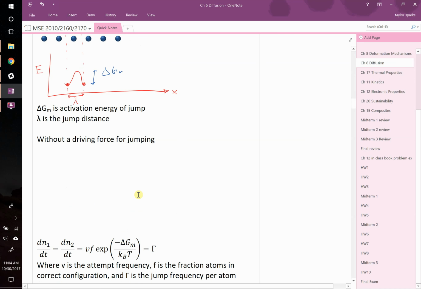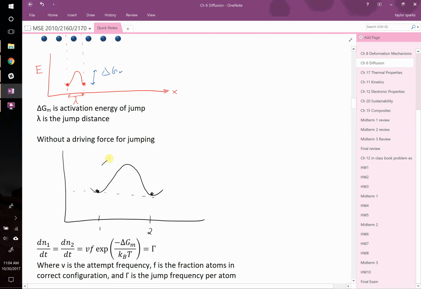And if there's no driving force for this, meaning that there's no difference in the concentration, then the rate at which atoms move from one site to another is going to be calculated as follows. If this is site number 1 and this is site number 2, then there's no advantage if you're here versus here. Those are at the same height, right?